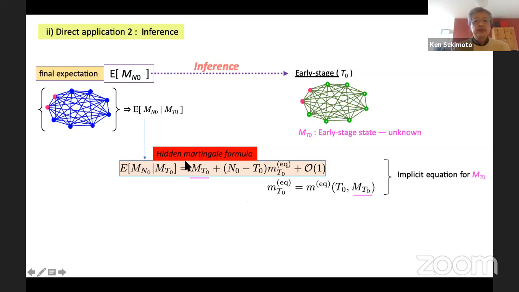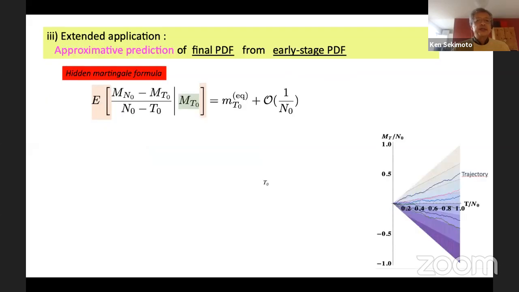So we know the left-hand side from observation, and the right-hand side is a function of the unknown variable. By solving this implicit equation, we can find the answer. So we can infer this answer without calculating or simulating the evolution from T0 to the final state. These two are direct applications of the hidden Martingale formula.